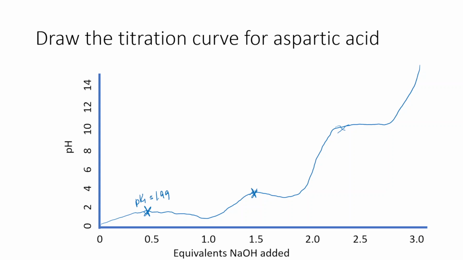Our next half equivalence point is our pKr, which is 3.9, and our last half equivalence point is our pK2, which is 9.9. So let's figure out what our three ionizable groups are. We always know our pK1 and pK2 are carboxyl and amino.